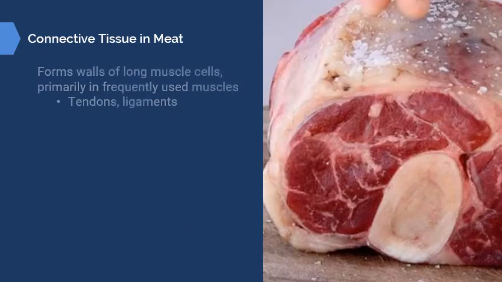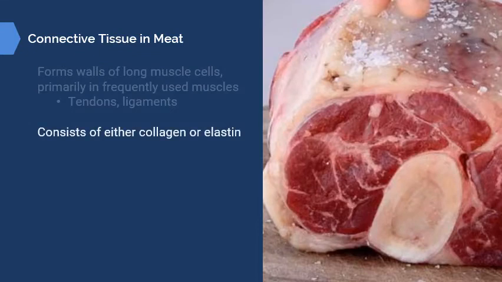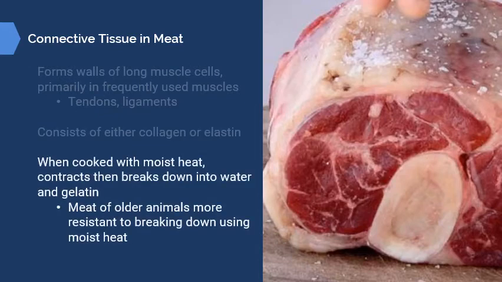Connective tissue in meat forms the walls of long muscle cells, primarily in frequently used muscles. These include things such as tendons and ligaments, which consist of either collagen or elastin. When cooked with moist heat, they contract and break down into water and gelatin.